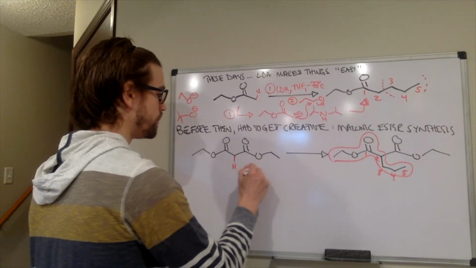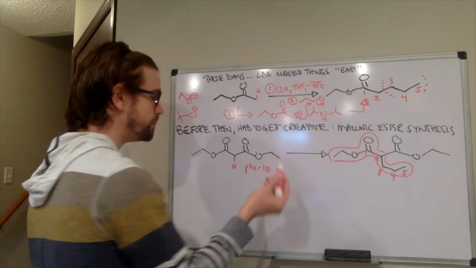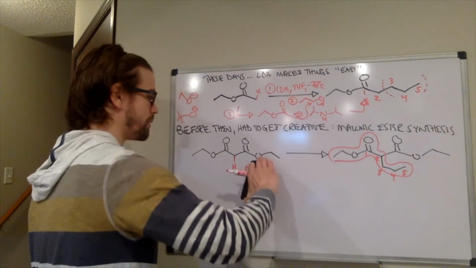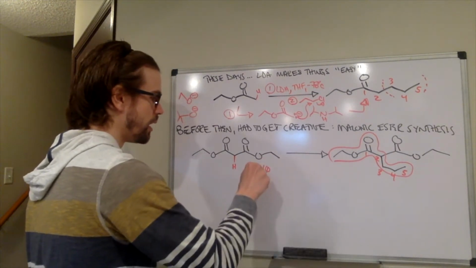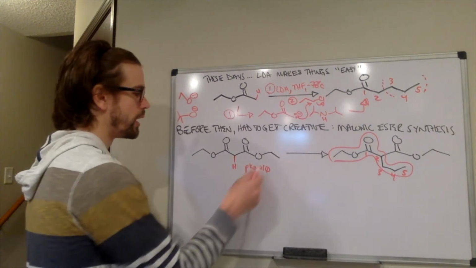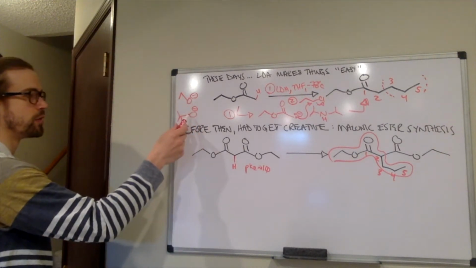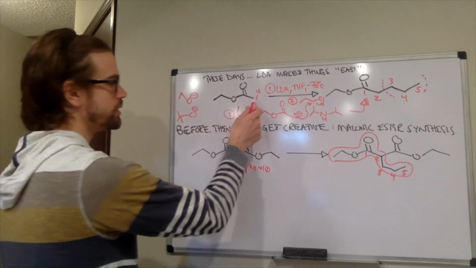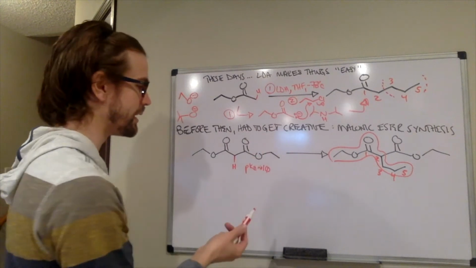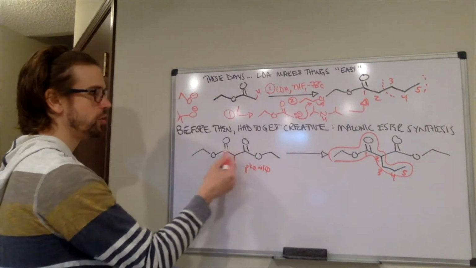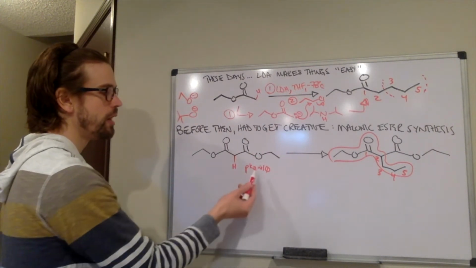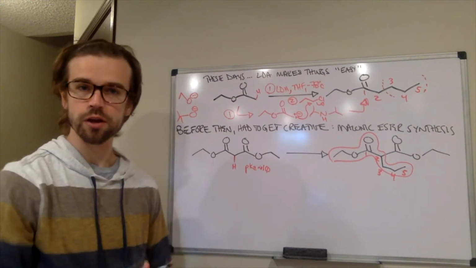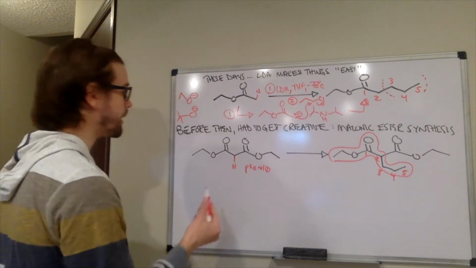This pKa is going to be closer to 10, not exactly 10. So where something like ethoxide or tert-butoxide was not strong enough to fully deprotonate that, making the enolate, when we have 2 carbonyls on either side of the proton, the pKa is much lower, the hydrogen is much more acidic.